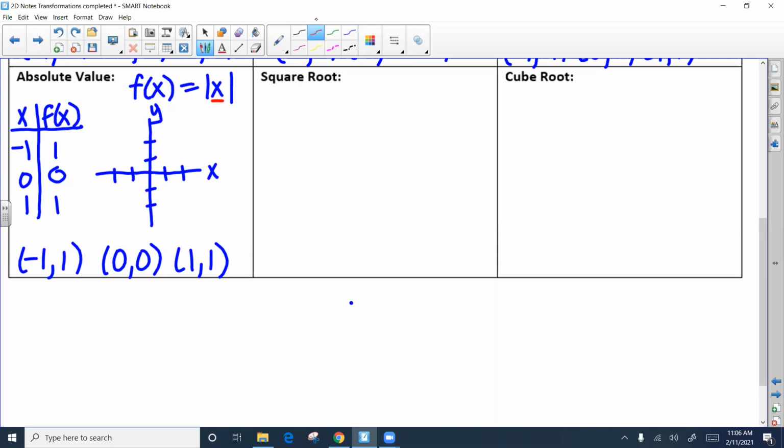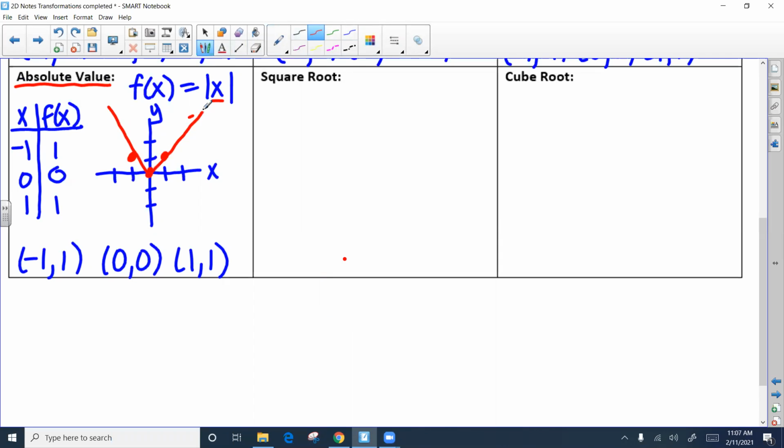Let's plot our points. So we have a point at -1, 1, 0, 0, and 1, 1. This one, even though it has the same points as the quadratic, it is not a U shape. Absolute value is going to be a V shape graph.